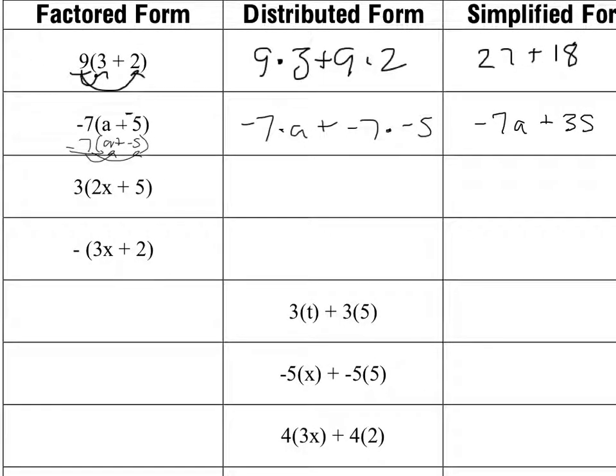So do the next two. Oh, let's not do the next two. Go ahead and do the next one on your own to make sure that you've got going this direction in your brain. I'll give you a couple seconds to do that. You don't need to pause the video.